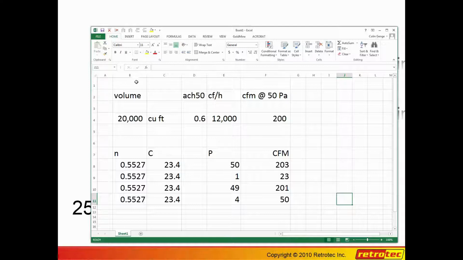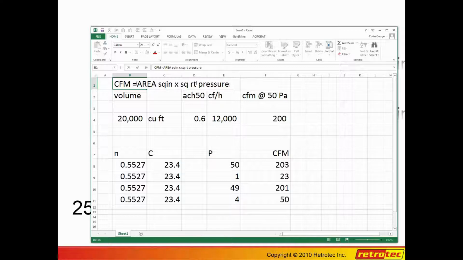Then we say that CFM is equal to the area in square inches times the square root of the pressure times 1.075. So this is the flow formula for the flow through a hole in a flat plate.